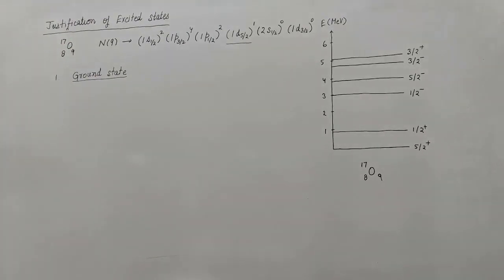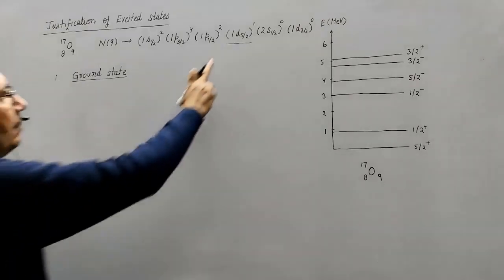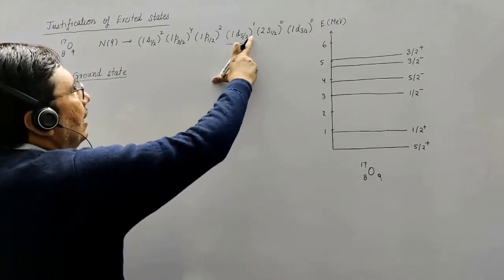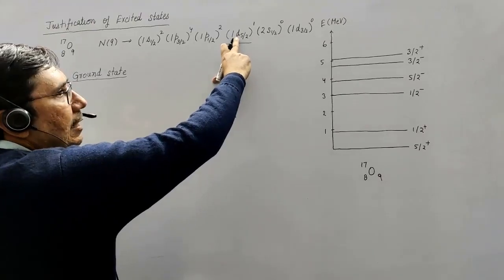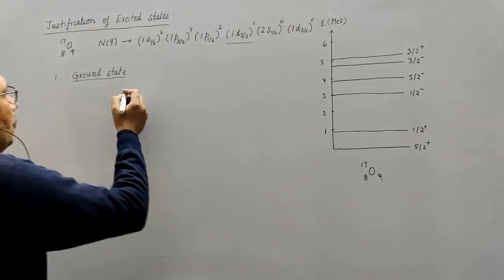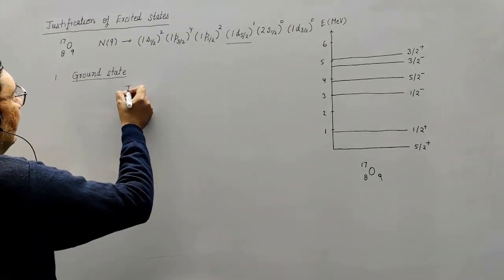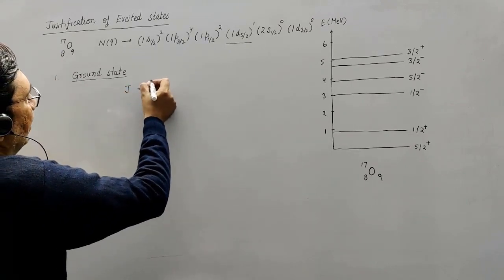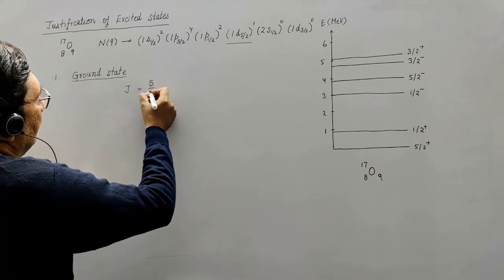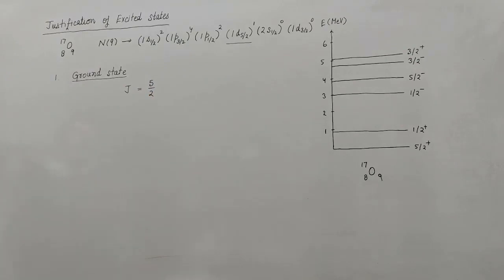We will find the shell in which the unpaired neutron exists. The unpaired neutron exists in 1d 5/2. The J value for this 1d shell is 5/2. So here you will write that J will be 5/2.